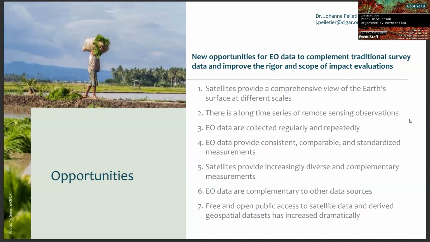Using remote sensing can help us do that at low cost, potentially. There's a long time series of remote sensing observation, with 50 years of Landsat and 20 years of MODIS. As Ariel said, it's collected repeatedly and regularly, so it's good for building panel data.